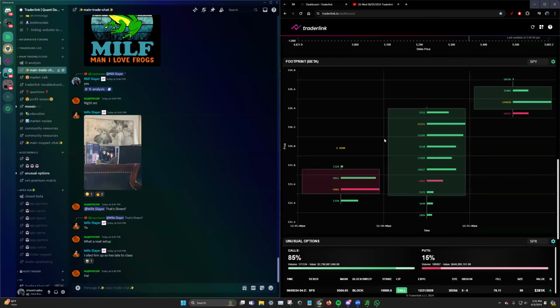Because if you look at the footprint chart, it tells you the delta at which they're buying up. So in this area, they ended up buying up more versus this area. Because bid and ask ends up being the same thing. I'd rather just look at the math side of things. It's easier, the mathed-out version of it.